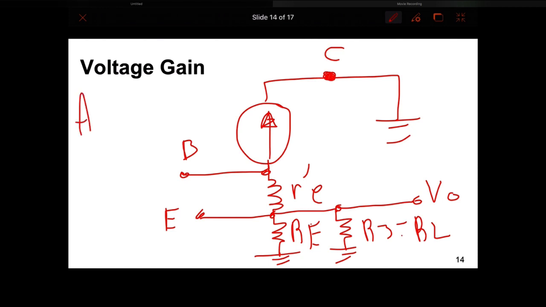The formula for voltage gain in general terms is AV, and there's no negative here because the input and output are in phase, equal to VO divided by Vin. Vin, of course, is applied to the base. It's really the ratio between RE in parallel with RL, which is Z out, plus Z out divided by... let's just go to the next slide.